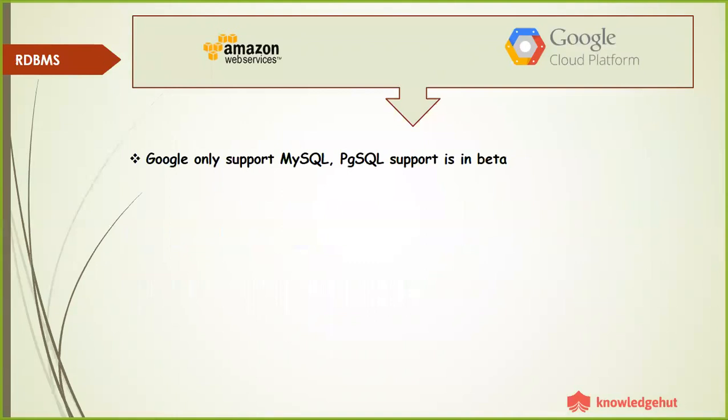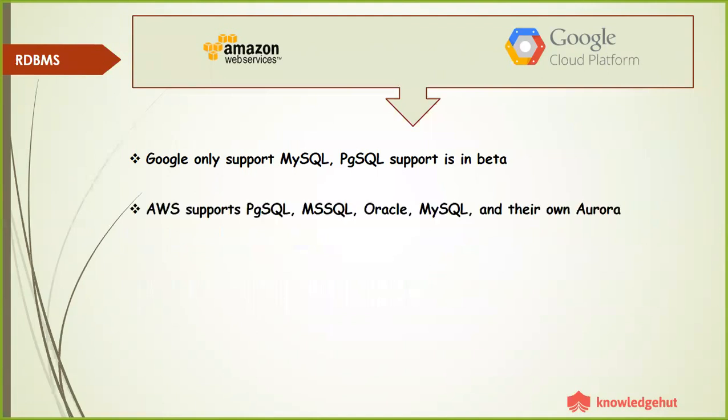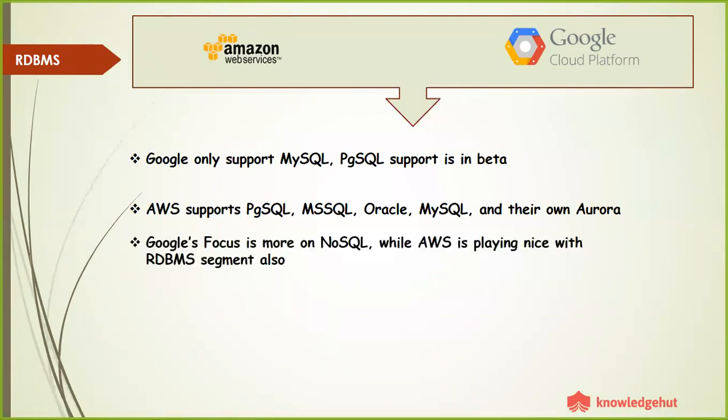On the RDBMS front, Google only supports MySQL as of now. Recently, they have started supporting PGSQL also, but that support is still in beta. And AWS supports PGSQL, MS SQL, Oracle, MySQL, and they have one of their own offerings named Aurora.